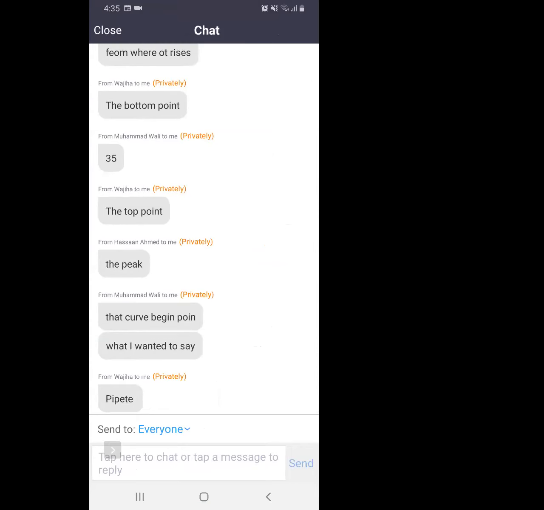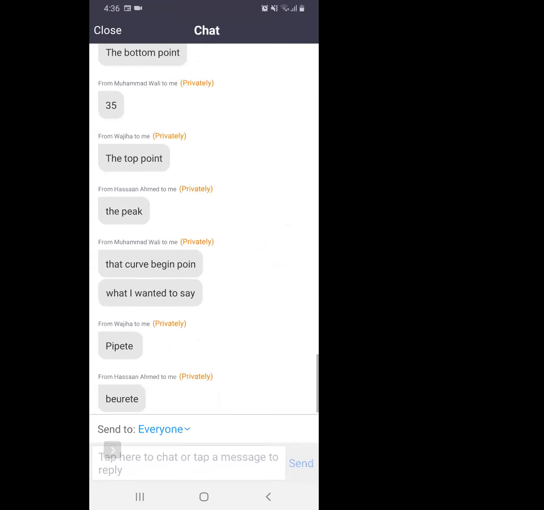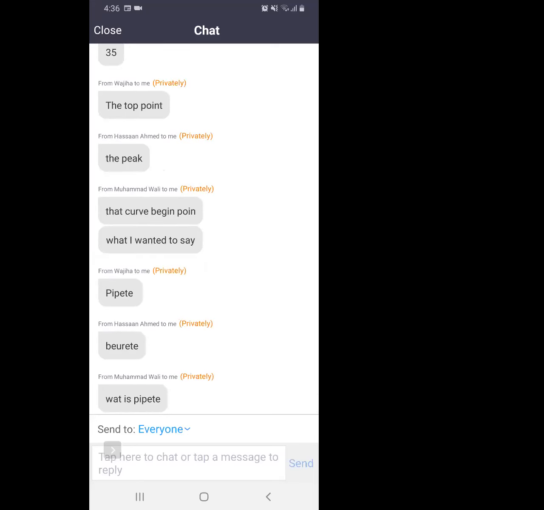Pipette. See, pipette is used to measure a known volume. Yes, Hassan, burette. And please correct your spelling of burette.